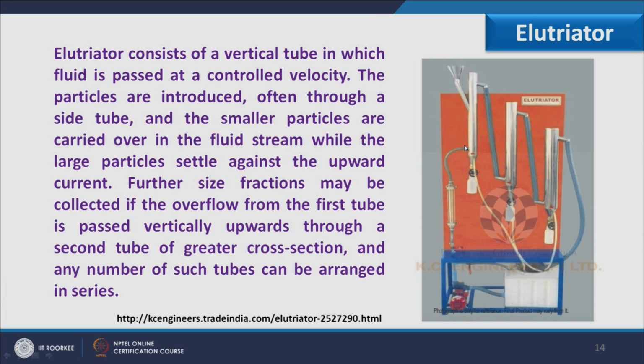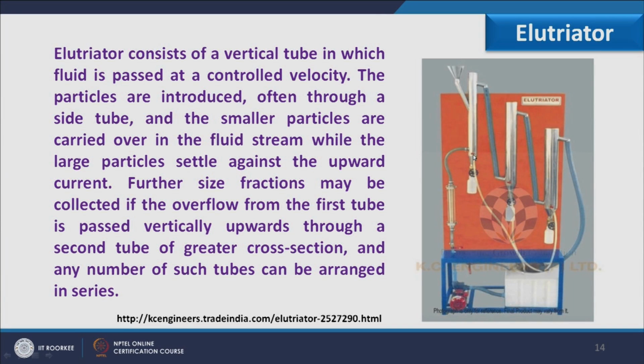When we have to separate the mixture, we have to adjust the velocity of the upward-moving water in such a way that some particles will settle. When feed enters, the particles having a larger settling velocity than the upward water velocity will settle, and the rest of the particles will move with the liquid.